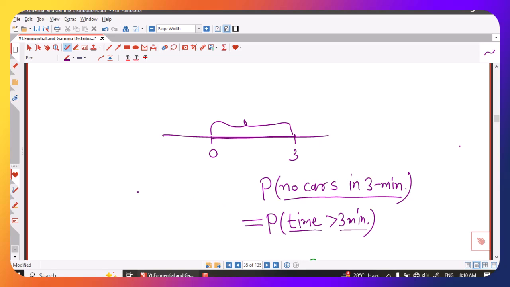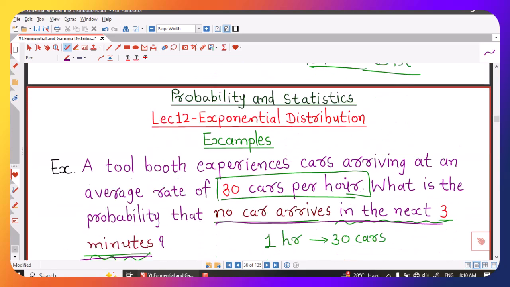If we want to use exponential distribution, we have to consider time as the random variable. So we are converting this statement into the equivalent statement. The statement that no cars arrive in the 3-minute interval is equivalent to the statement that the time until the car arrival is greater than 3 minutes. That means there are no cars in the 3-minute interval.